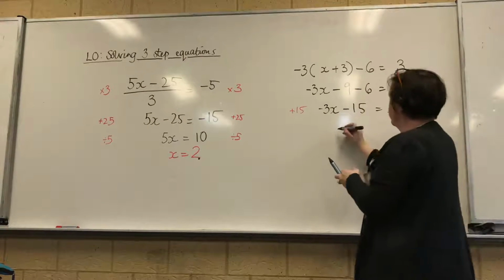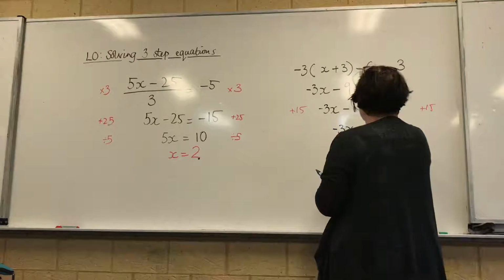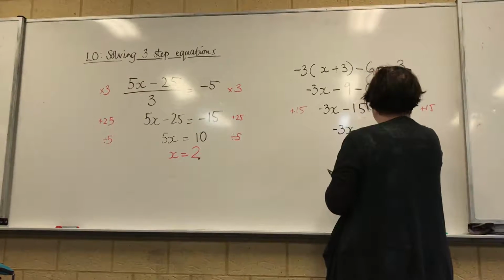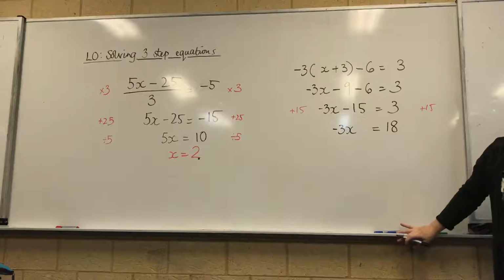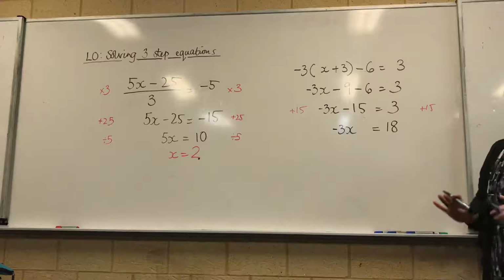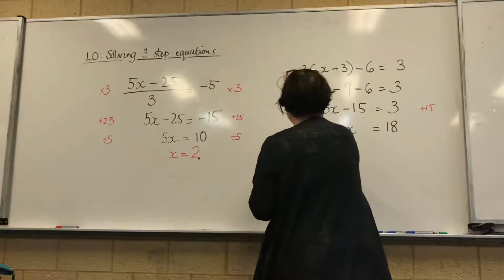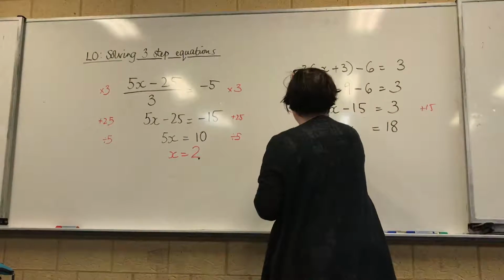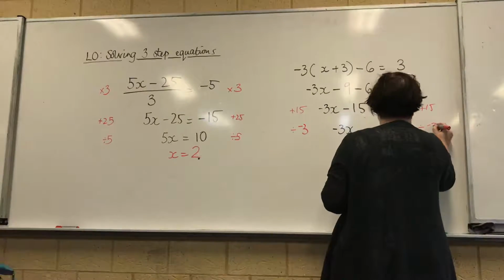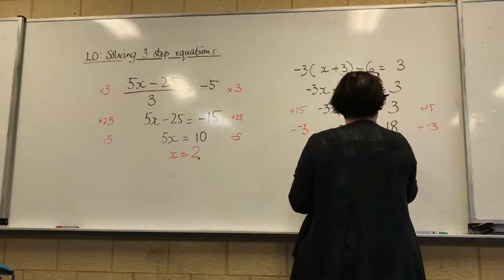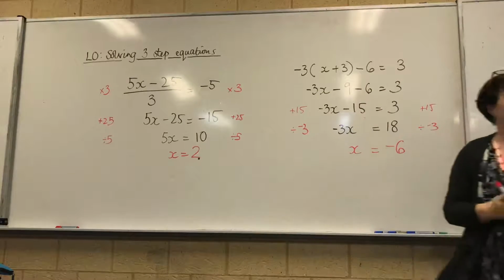Okay, so negative 3x is going to equal 18. Now what do I do? Divide both sides by negative 3. So x is going to equal negative 6.